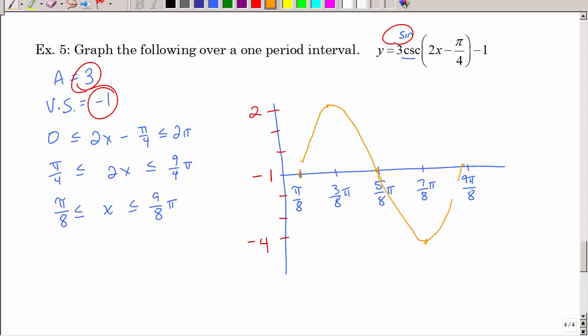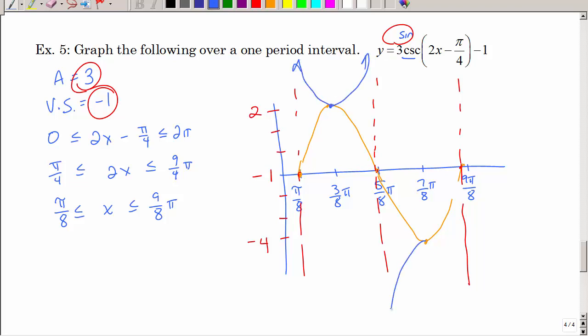So that's my sine wave. Every place it crosses the horizontal axis, put an asymptote. And then I'm going to do my flipping. So from here, instead of going down, it's going to go up between the asymptotes, down.